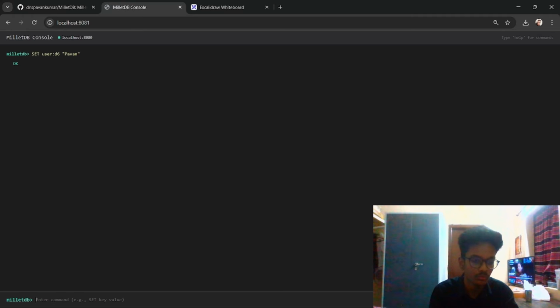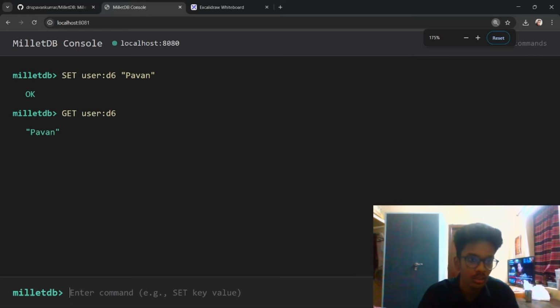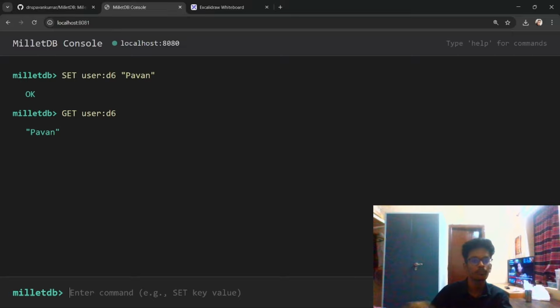Next. This is like the create command, and get is like the read command. Get user D6. So it should return the name, and it does, if you can see. Okay, so this returns the name. And what else you could do is see the health.